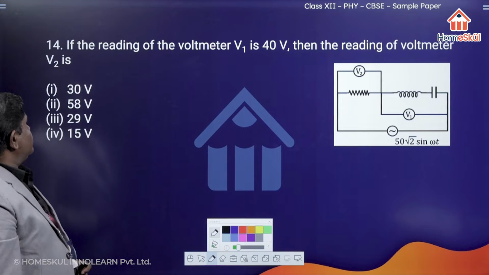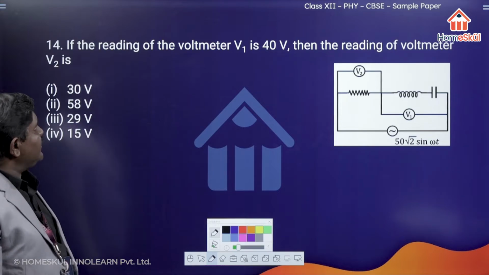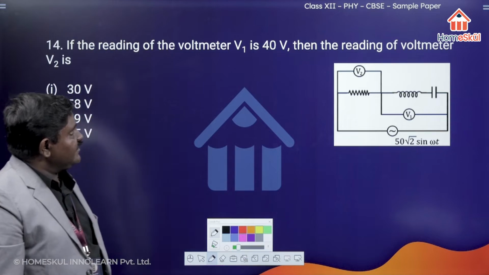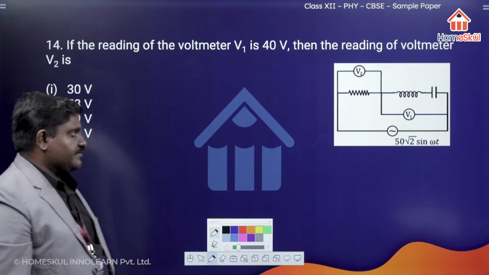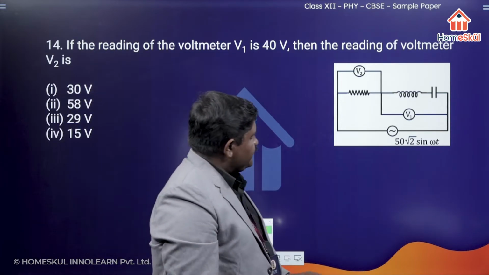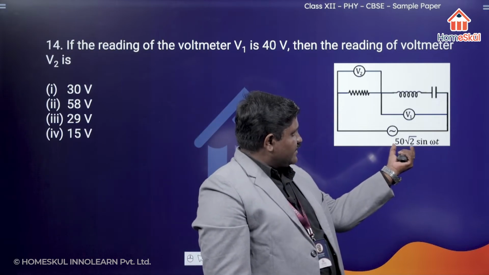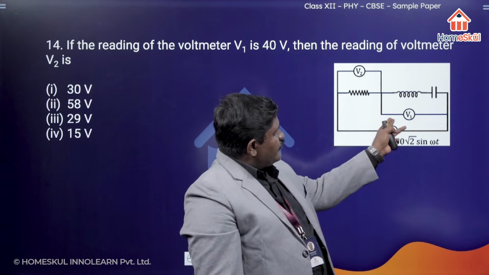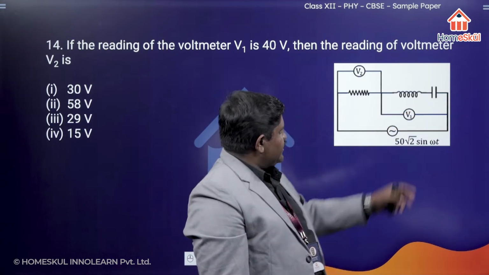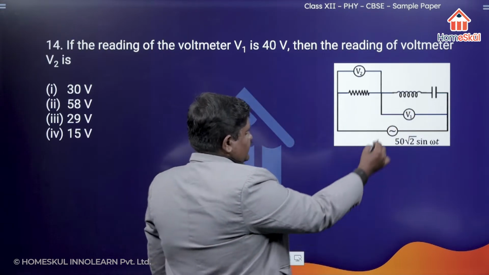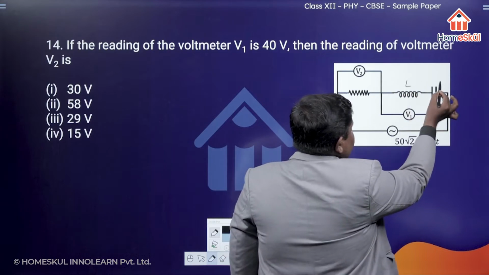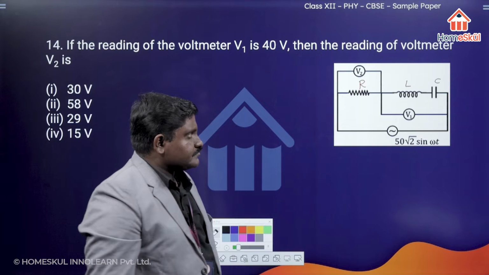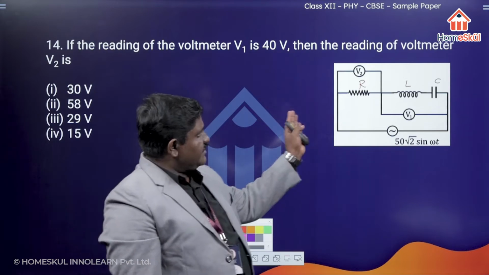So the 14th question. If the reading of the voltmeter V1 is 40 volt, then the reading of voltmeter V2 is. Here the figure is given. The applied voltage is 50 root 2 sin omega t. Voltmeter V1 is in between the inductor and the capacitor, and this is our resistance R. So this is a simple LCR circuit.